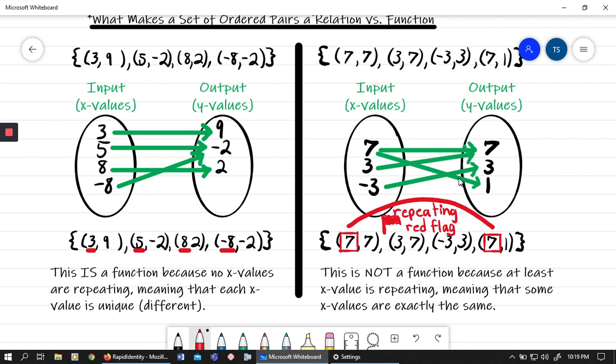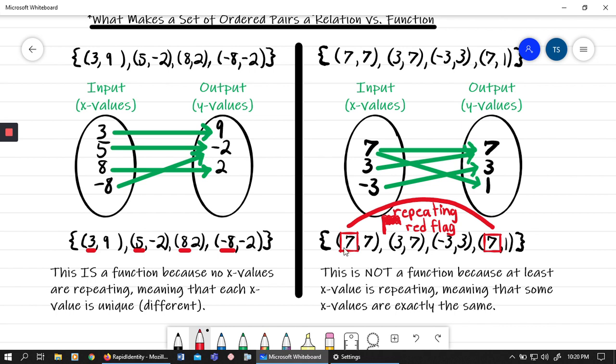But when you look at the relation represented as ordered pairs on the right side, you can clearly see that there are repeating x values. You see it's got a 7 here and another 7 as an x value. That's repeating x values. Guys, that is a big red flag, a little red flag, whatever you want to call it. That's a red flag, folks.